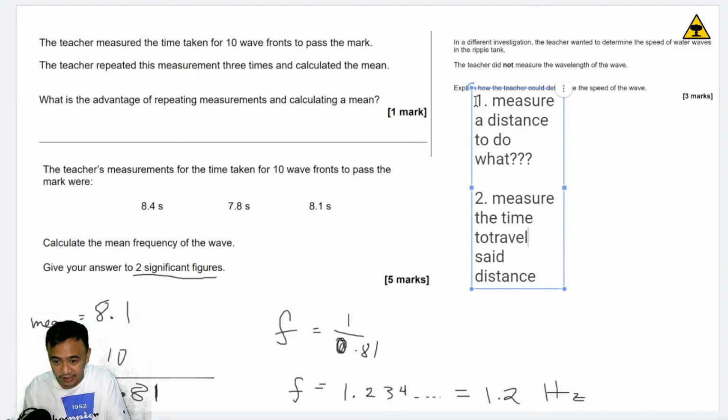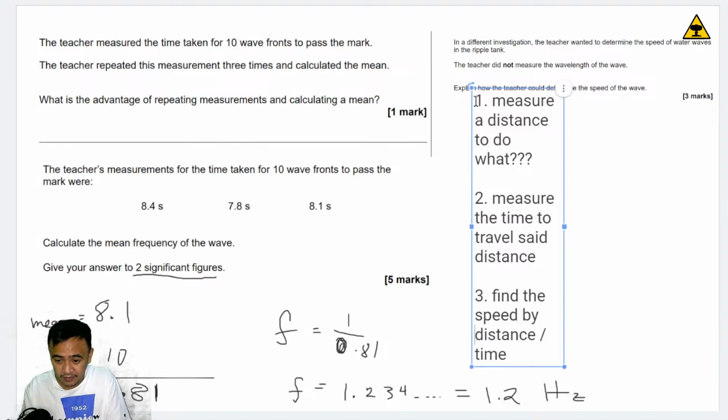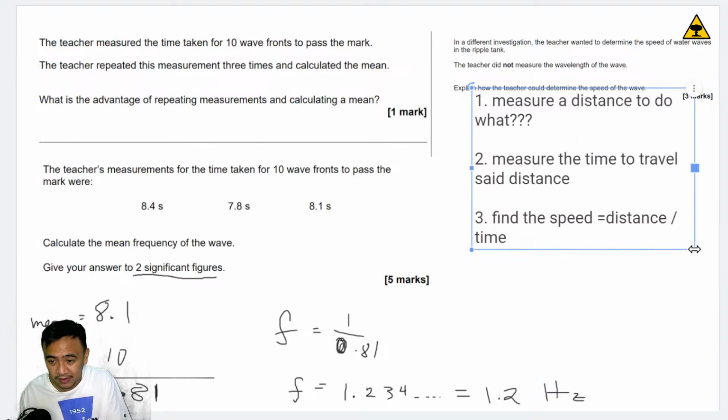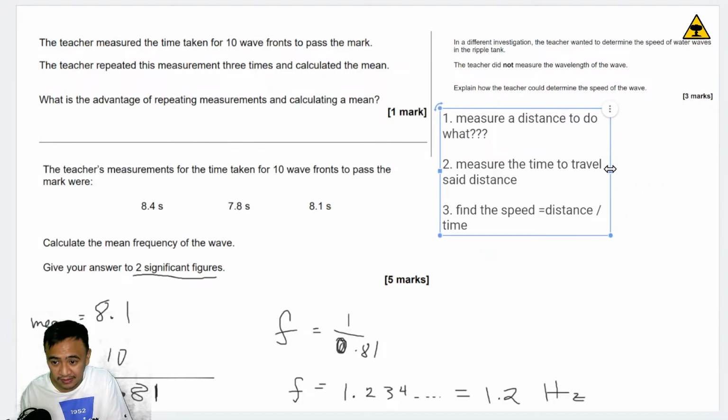And then afterwards, what's the third step? You find the speed by distance over time. Basically, obvious as it is, you really have to say everything carefully, okay?